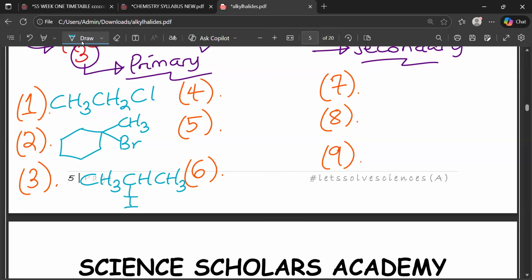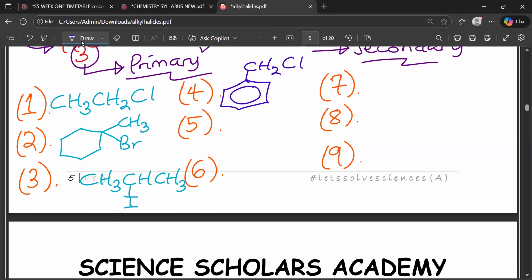Another structure can have a benzene ring, then CH2Cl.